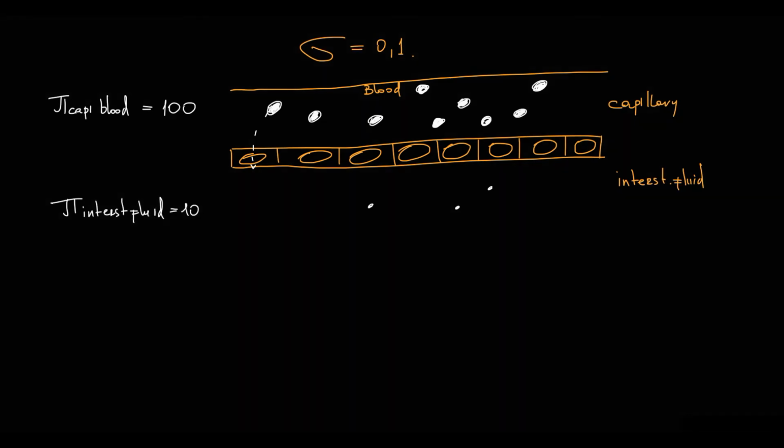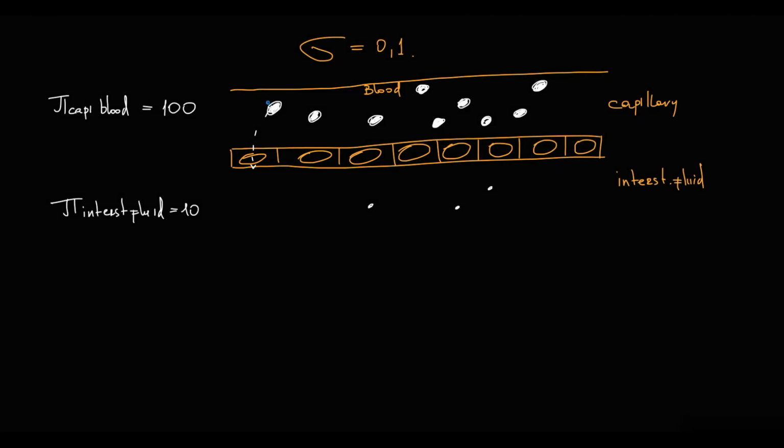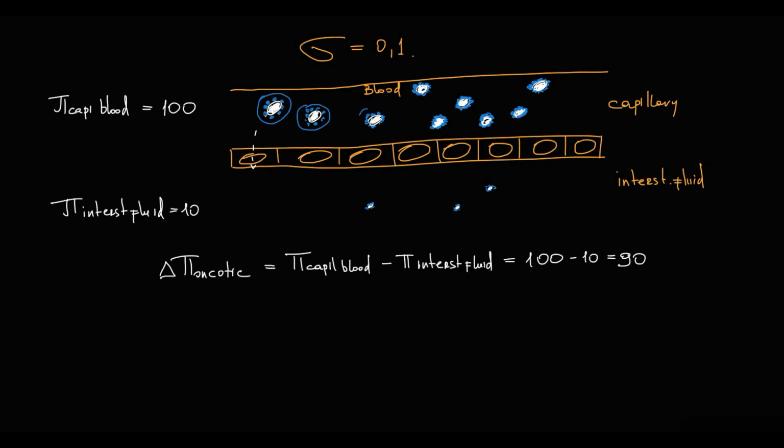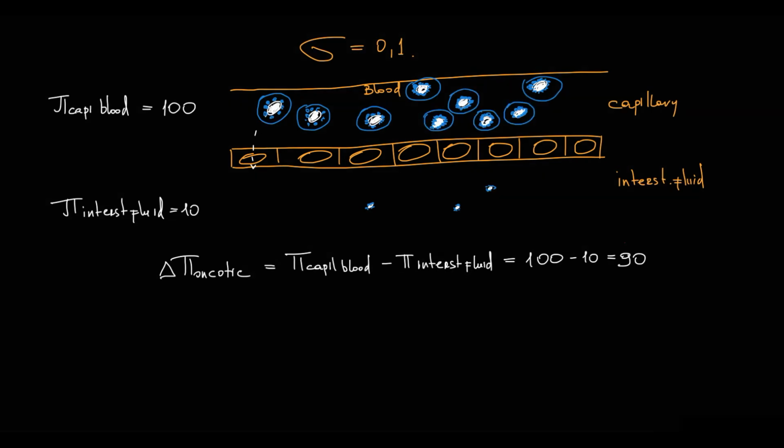Recall that proteins are osmotically active substances, and because of that, they keep fluid around them. In this case, the oncotic pressure difference between capillary blood and interstitial fluid, 100 minus 10, is 90, so it's a huge oncotic pressure difference. This means that initially there are a lot of proteins in capillary fluid that keep a lot of fluid around them in the intracapillary space, and don't let fluid leave it.